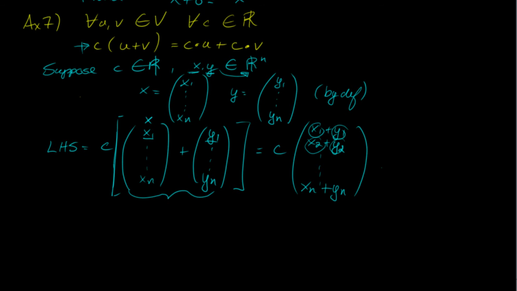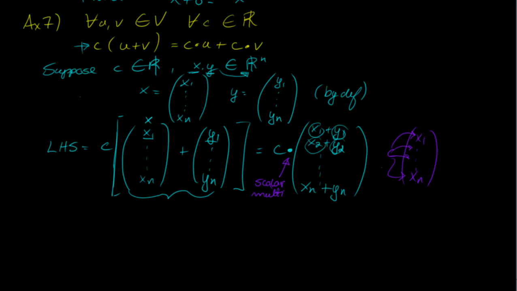Okay? And now I have a scalar multiplication, right? So this over here is a scalar multiplication. And scalar multiplication is also defined over R. So the definition, I won't go back to it, I'll just remind you: if I have something like this, then I can just multiply each component by c.